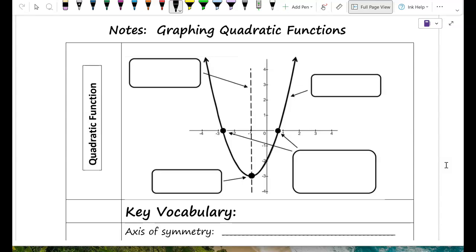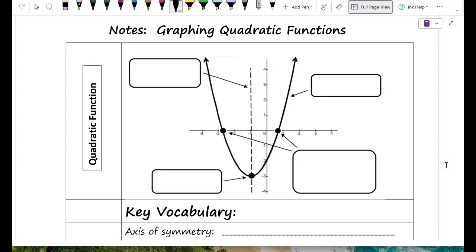Now we've got to learn how we can graph when it's in standard form and what the changes are. This first diagram should look familiar to you. I used this exact same diagram back in Unit 2. The reason I'm coming back to it is there was one of these boxes that I told you in Unit 2, hey, we'll come back to that. And that's what we're coming back to here in Unit 3.